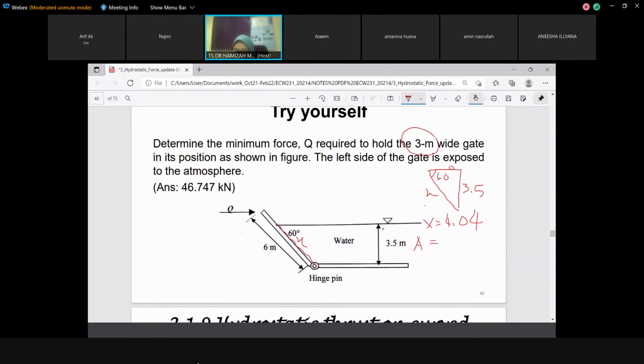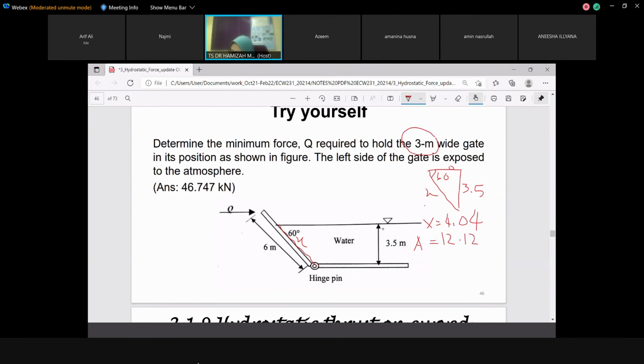So, area ialah 4.04 darab 3. What is the area? 12.12. Okay, good.